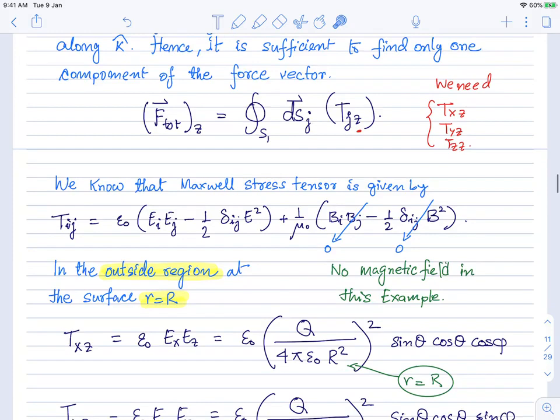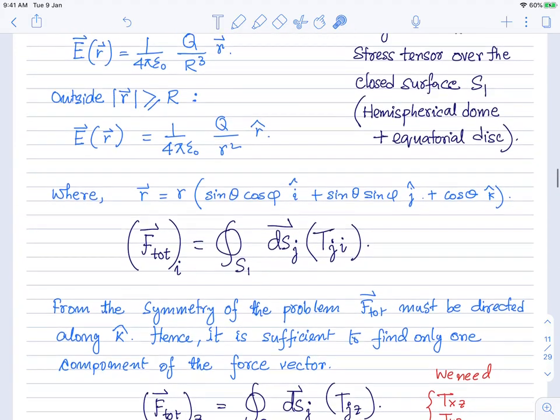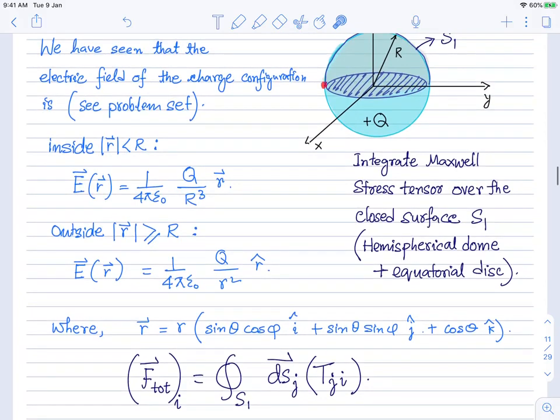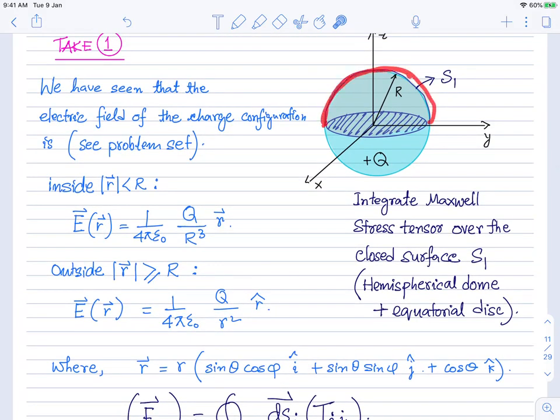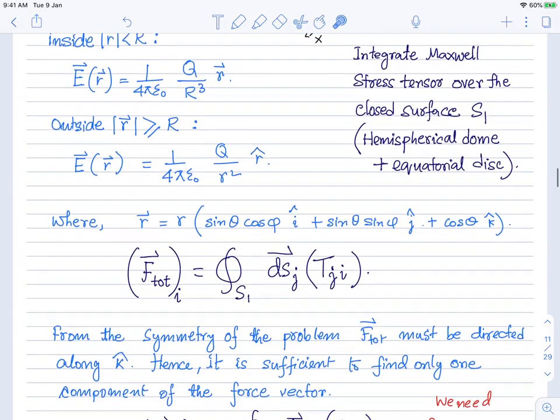But this bowl or this region that we are interested in is just situated at the radius R. Let us say that it is situated infinitesimally outside. So we will use the outside electric field to find what the Maxwell stress tensor is here on this hemispherical dome.